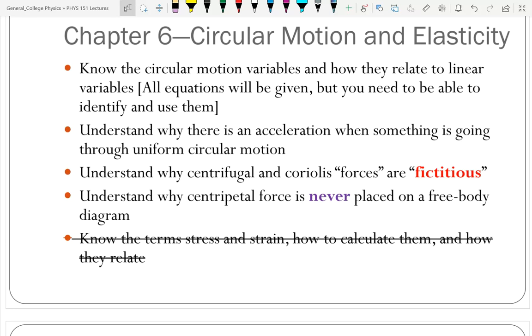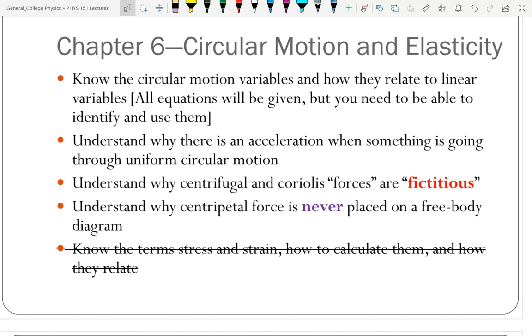Now, I was looking with Andrew, and the equation sheet has A sub r is equal to omega squared r is equal to v squared over r. R in this case stands for radial. And I believe that's what the textbook has, is A sub R. And so I went with the textbook's nomenclature there.